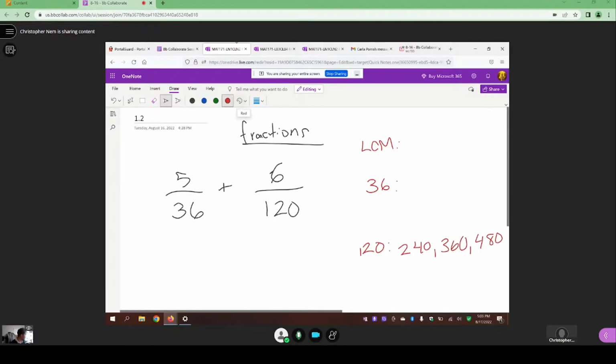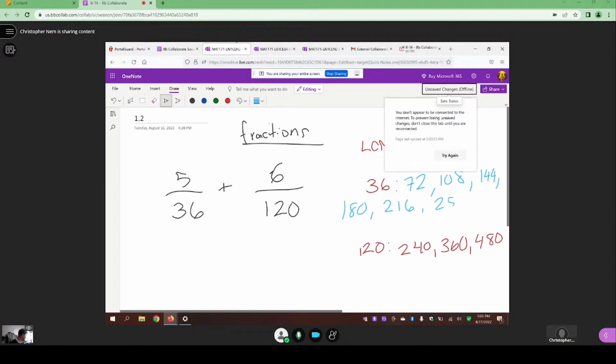Now let's do 36. If I multiply 36 by 2, I get 72, and then I go to 108, and then afterwards is 144, and then we get to 180, and then we get to 216, and it keeps going. After 216, it gets to 252.